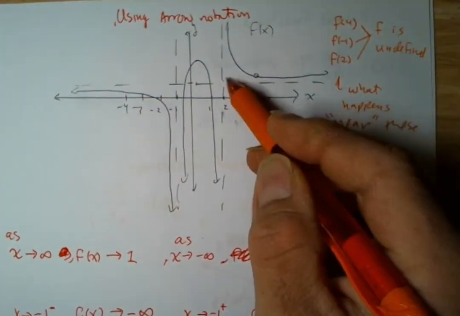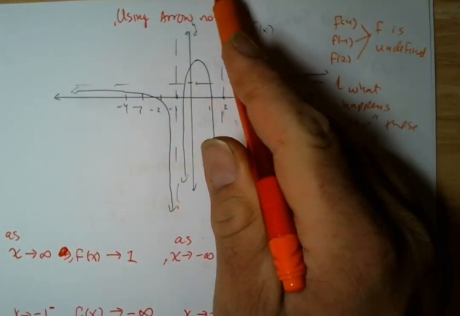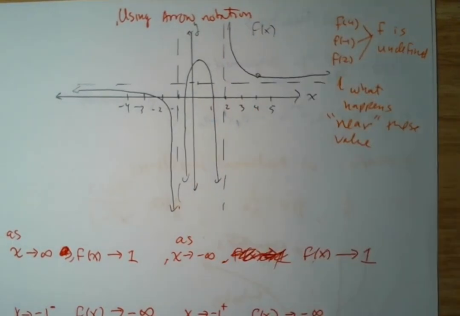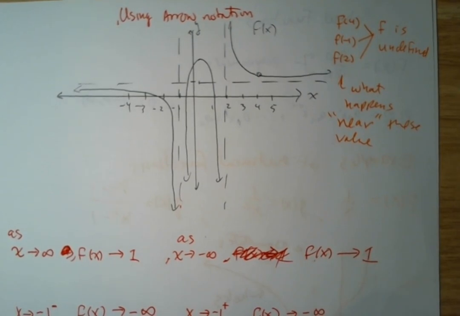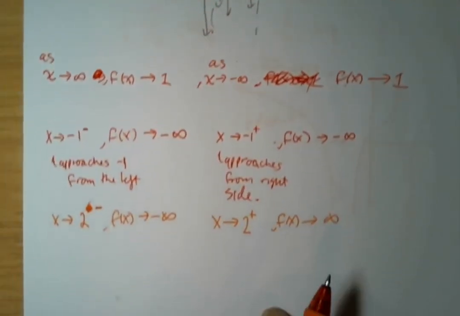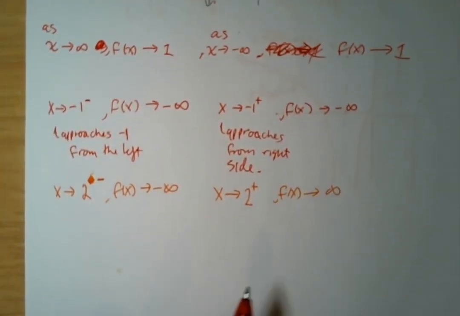The closer I get, the larger the values for f of x. So in this case, f of x goes to infinity. Notice from the right side, as x approaches 2, f of x approaches infinity.